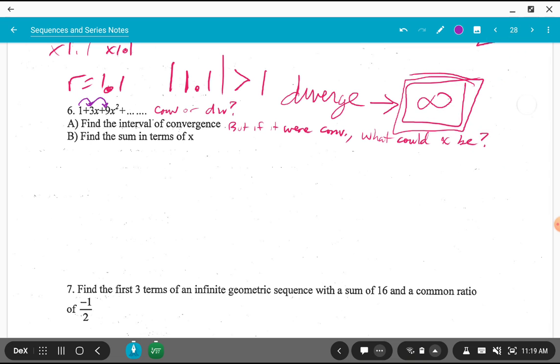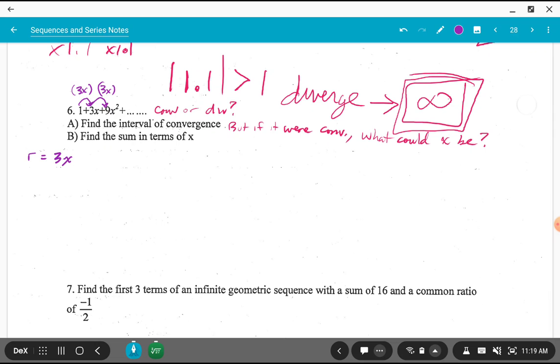What are you multiplying by? Well, hopefully what you're saying is to get from 1 to 3x, I need to multiply by 3x. 3x times 3x is going to give us 9x squared. So it looks like we're always multiplying by 3x, telling us that we have a ratio that's equal to 3x.